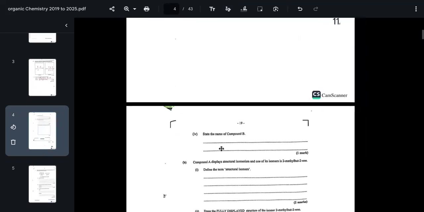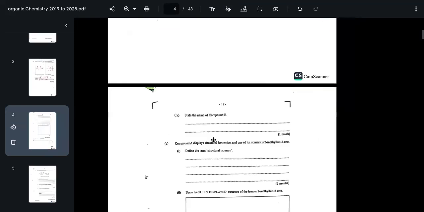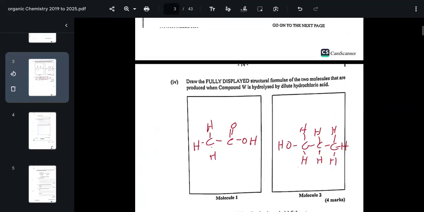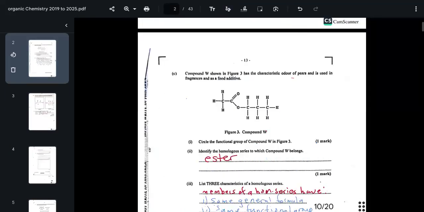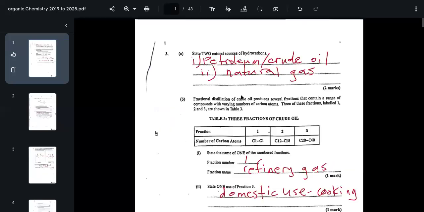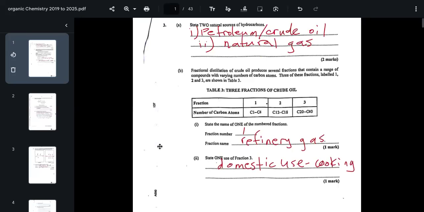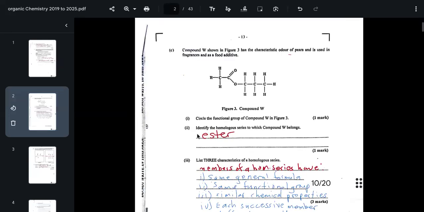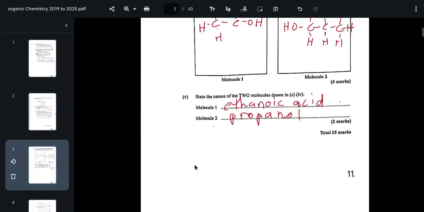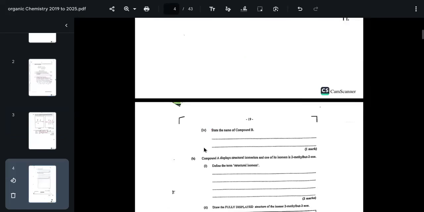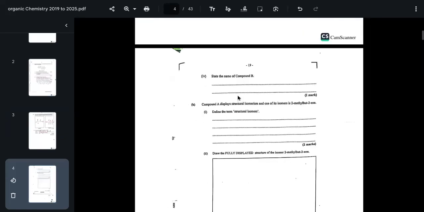State the name of. We're not seeing. I guess that page is missing. Right, can we just start with compound W? 3A. Let me see. And this is saying we're missing something from that part. So I will have to check for it. But let me see this one.